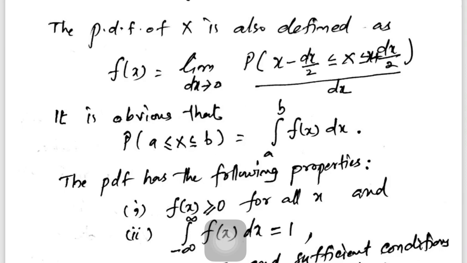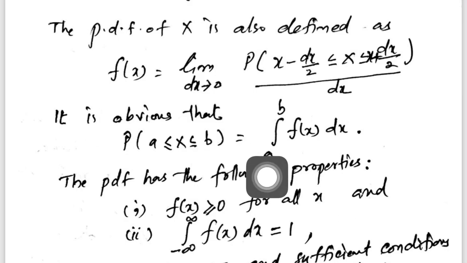And you can see one point here: suppose you put b equal to a, that is, the probability that a less than or equal to x less than or equal to b becomes the probability that a less than or equal to x less than or equal to a itself.